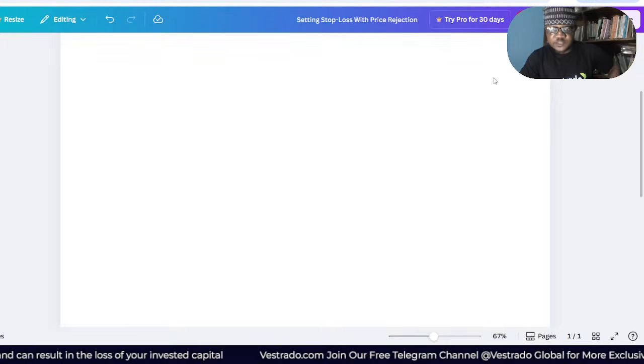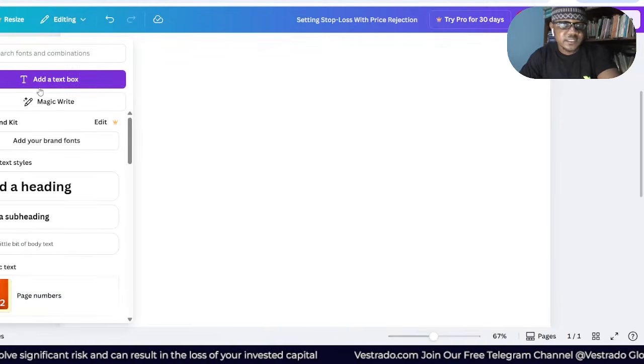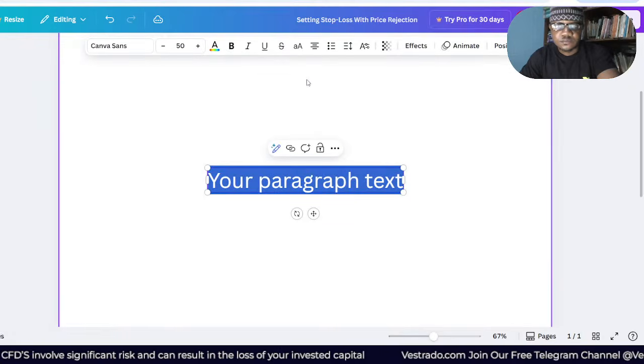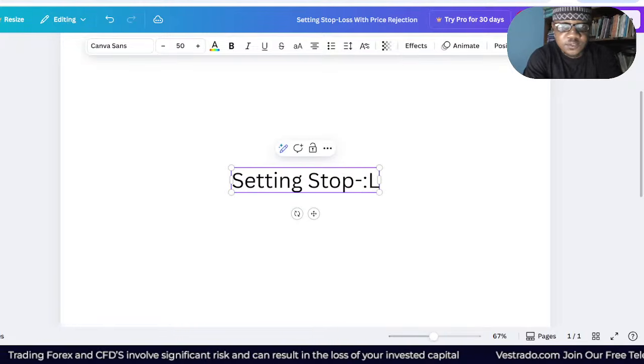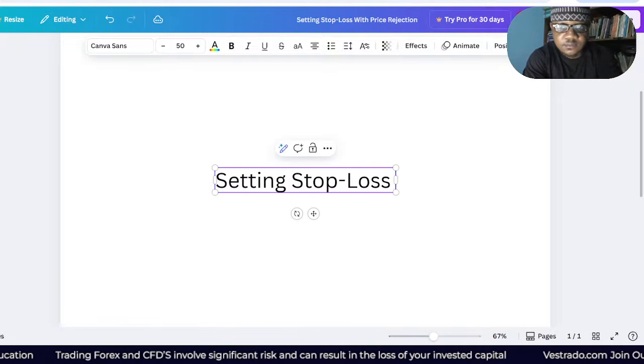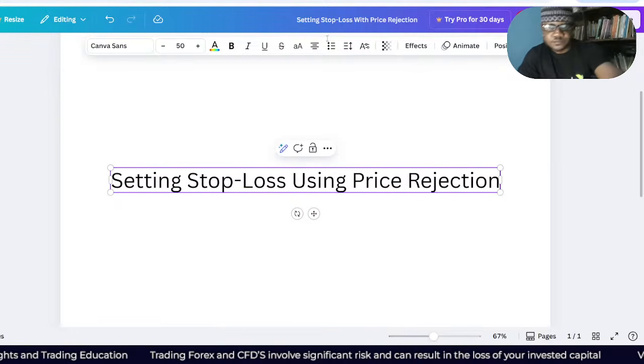Now, first up, let's start with price rejection. Let's have our topic set in there. Now, setting stop loss using price rejection. Okay.